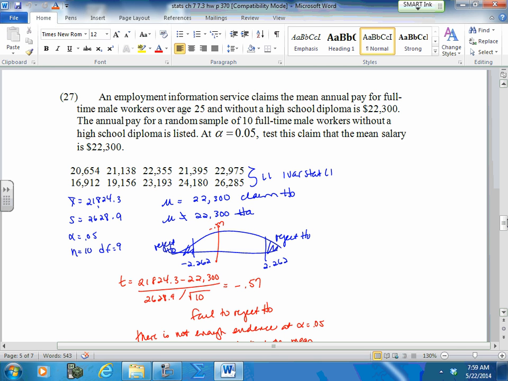So you fail to reject H0, and you say, if your claim is your H0, and you fail to reject your H0, that means there's not enough evidence to reject this claim that the mean is 22,300 for your annual salaries at a level of significance of 0.05.